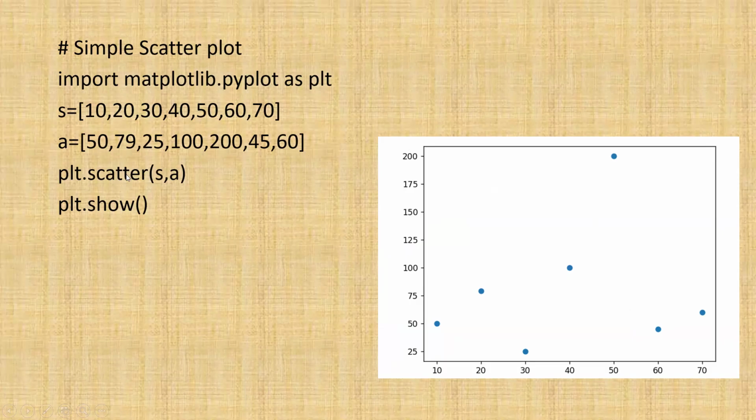Now again, the function name is very simple. I invoke it with plt, my alias name, and that is the scatter chart. It needs the x values and the y values, basic, right? Which will help me plot it.